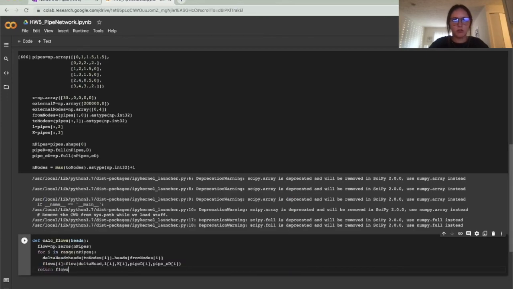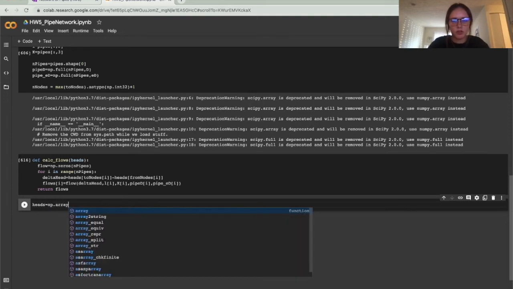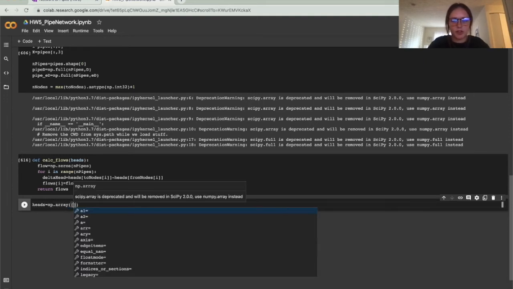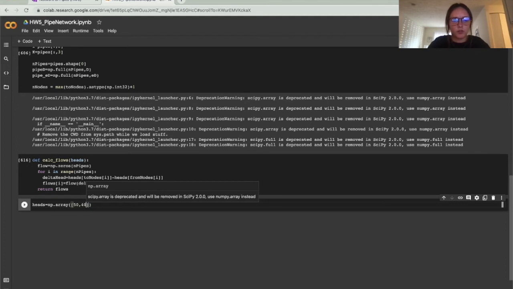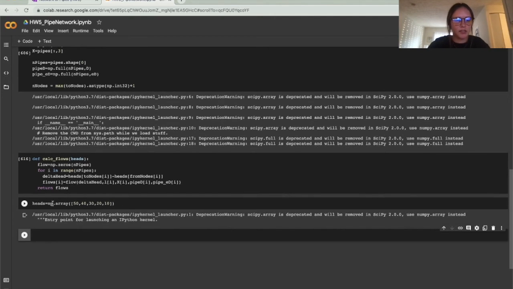Return flows. And so if we run that, we can test this out by making an array with random numbers. We can say, let's say 50, 40, 30, 20, 10, and have that as our heads. And we can do calc flows using the heads.